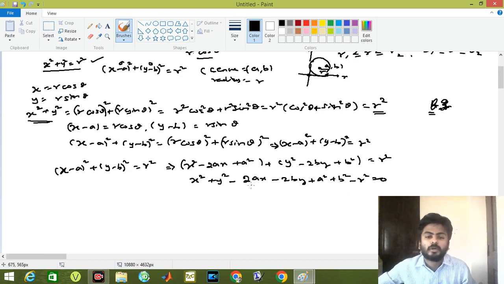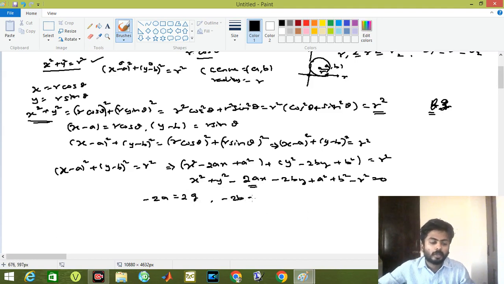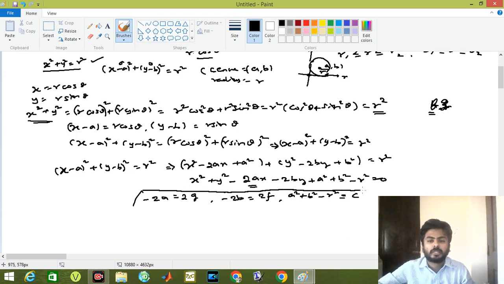I am taking minus 2a equal to 2g and minus 2b equal to 2f, and after that I have a square plus b square minus r square as my constant c.